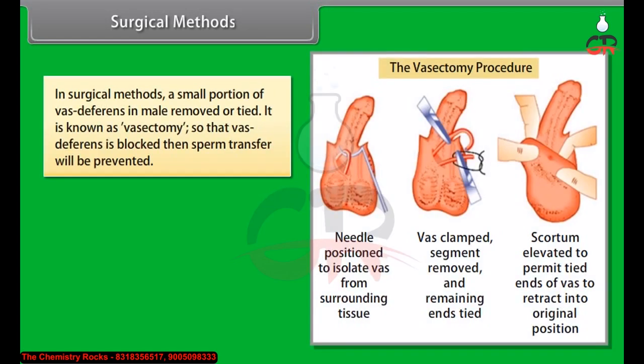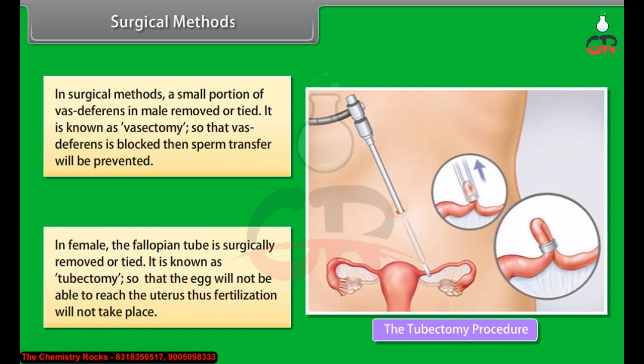In surgical methods, a small portion of the vas deferens in the male is removed or tied. It is known as vasectomy, so that the vas deferens is blocked and sperm transfer will be prevented. In the female, the fallopian tube is surgically removed or tied. It is known as tubectomy, so that the egg will not be able to reach the uterus, thus fertilization will not take place.